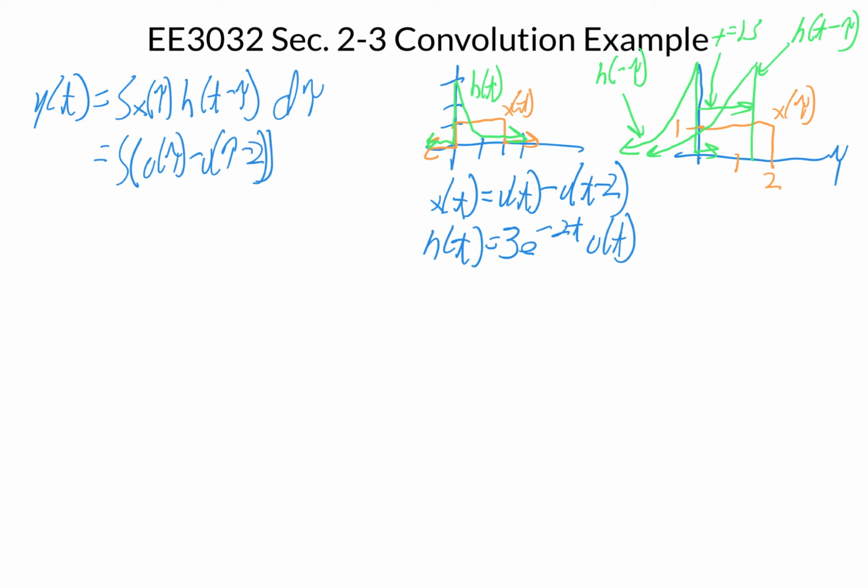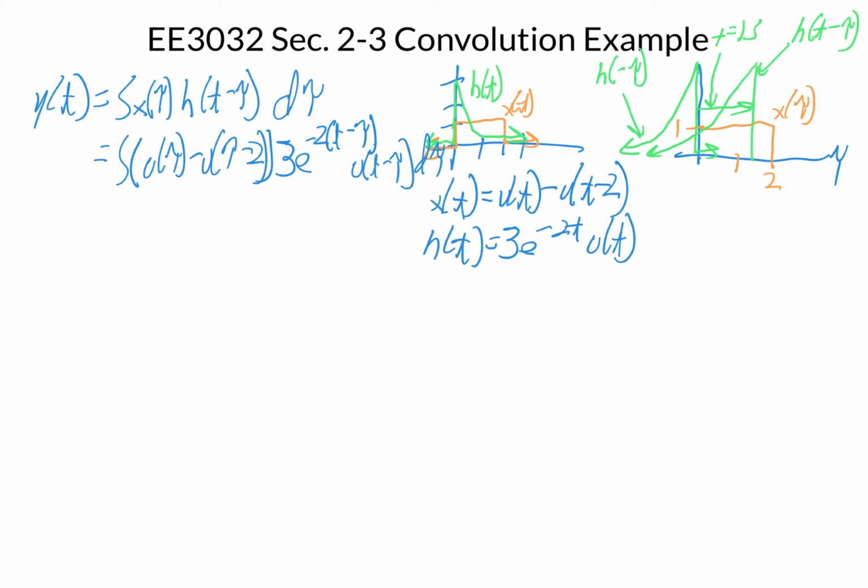And then I have h of t minus tau, so I'll substitute in that one. I have 3e to the minus 2, and the variable now is t minus tau, because that's the argument to h, times the unit step of t minus tau, because that is where the impulse begins, and I integrate with respect to tau.